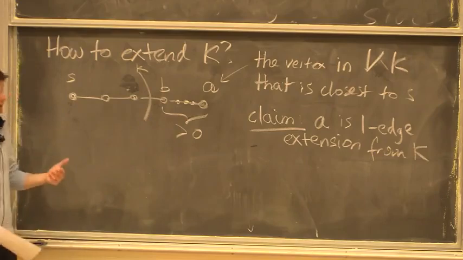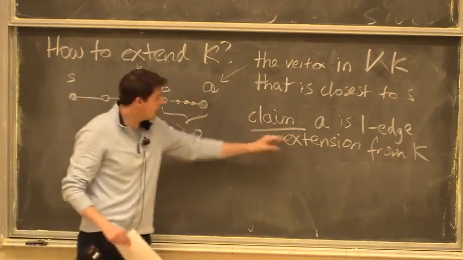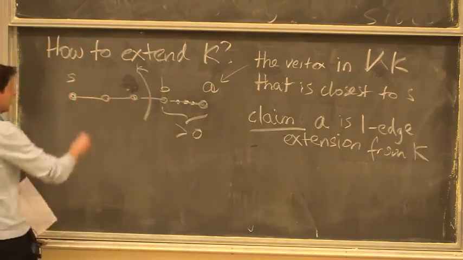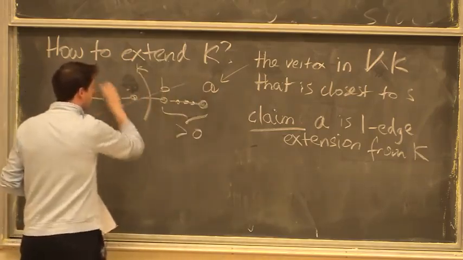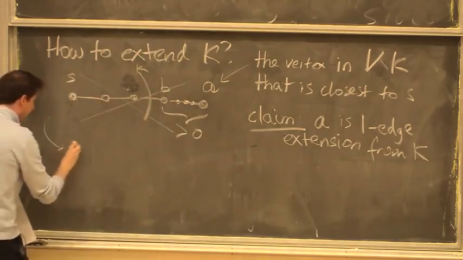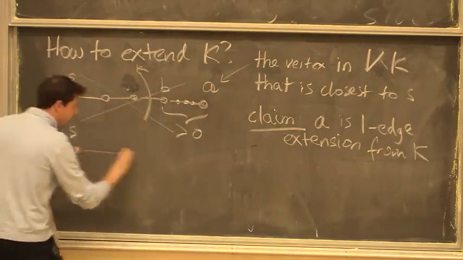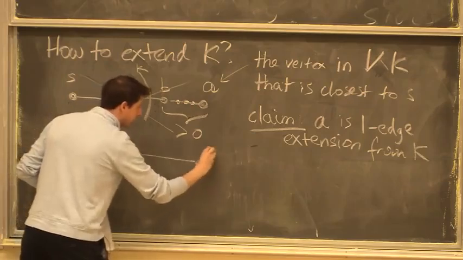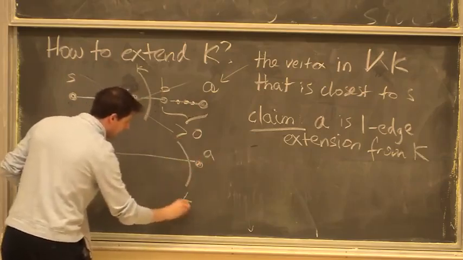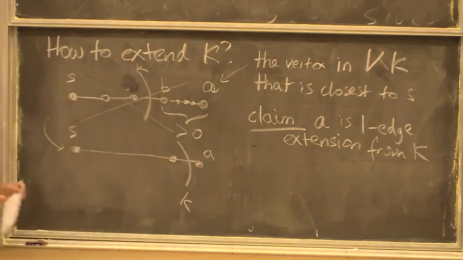So we were correct in assuming that A is a one-edge extension. So this picture cannot hold. The correct picture is that if you pick the shortest path to A, then B is exactly the first one to be outside of K.